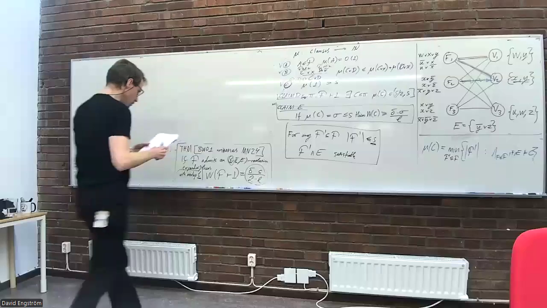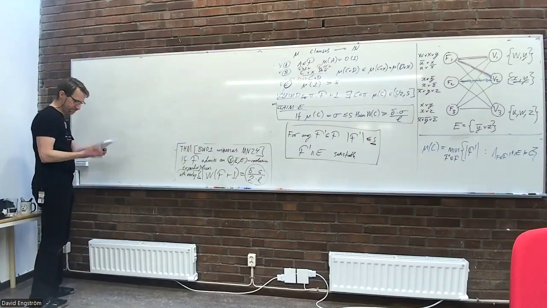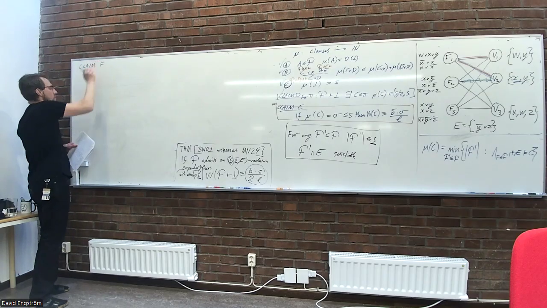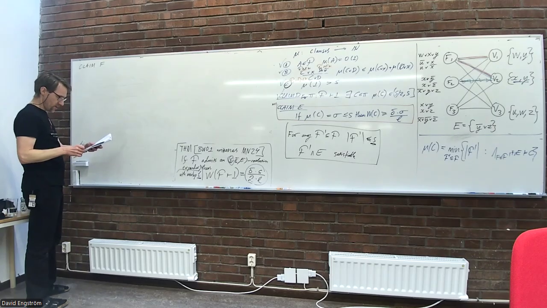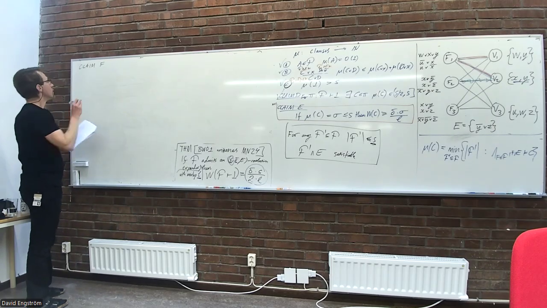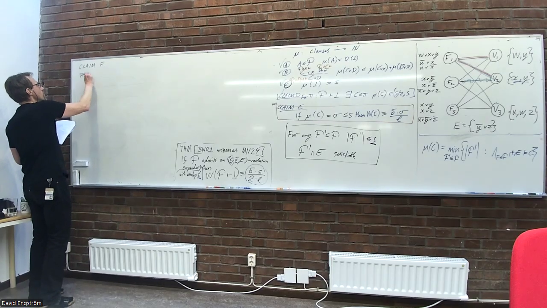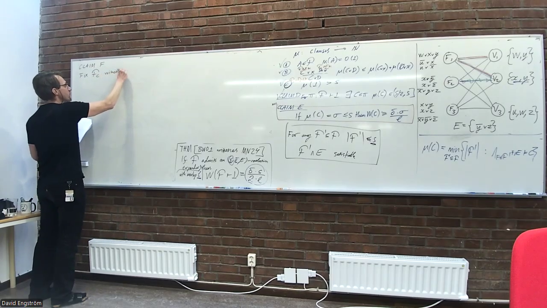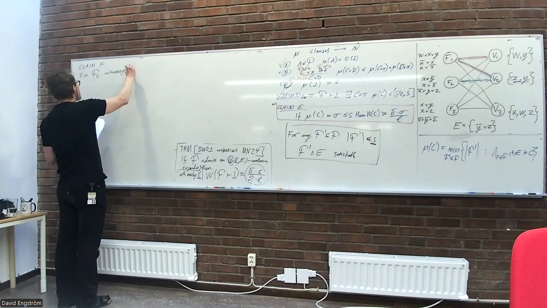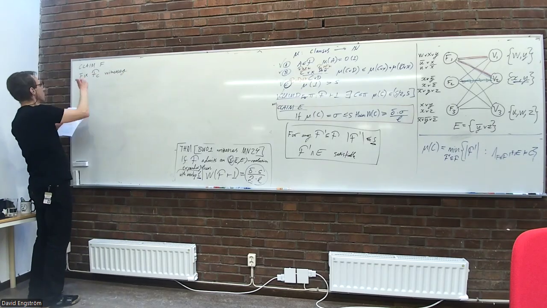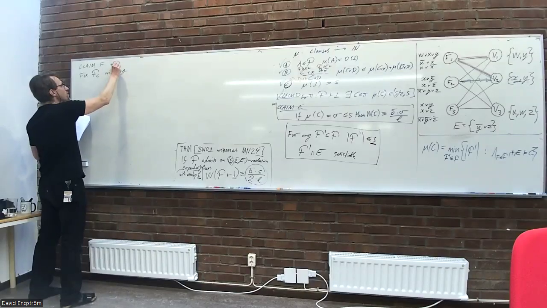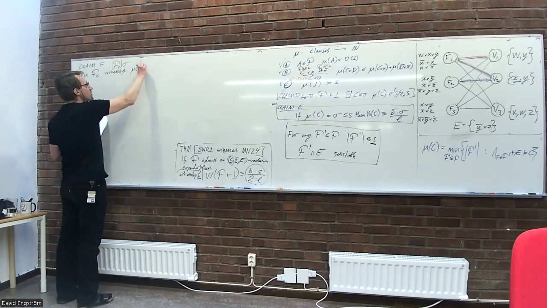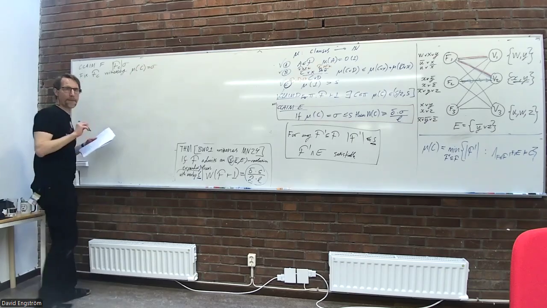I'm going to kick the can down the road a little bit by making another claim. Let's see what this claim is. Fix FC, a left-hand subset of vertices of size sigma, witnessing that C has complexity sigma.